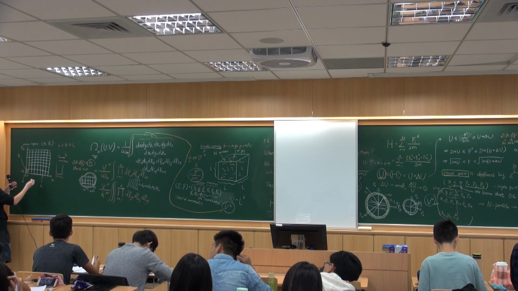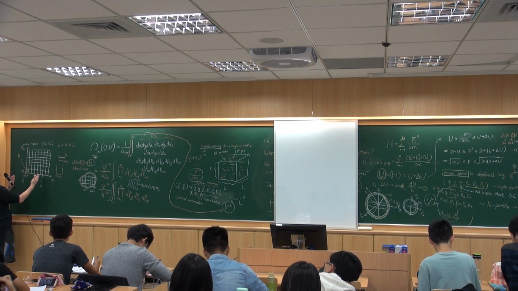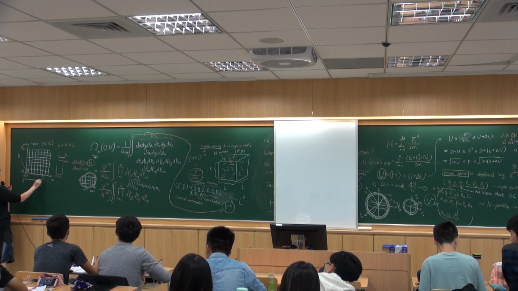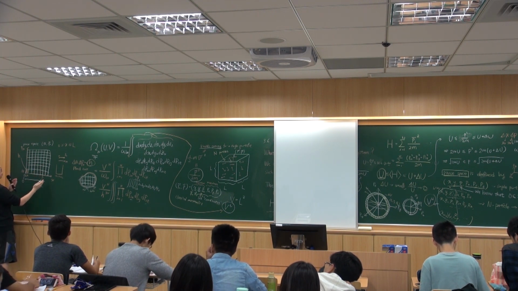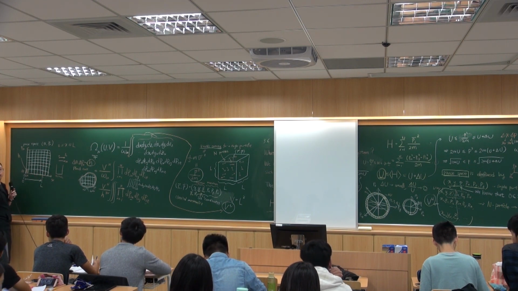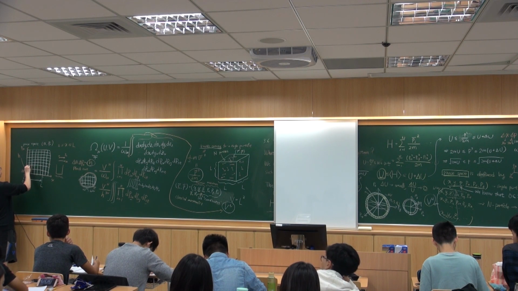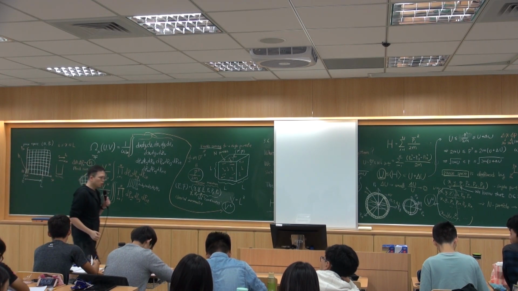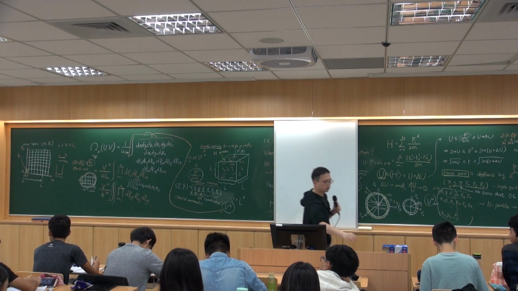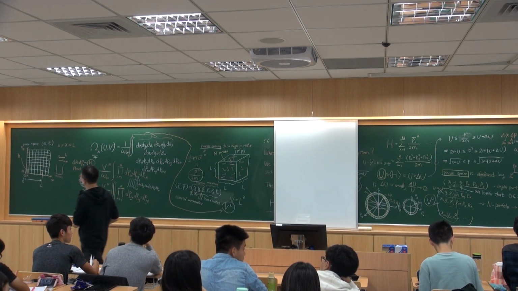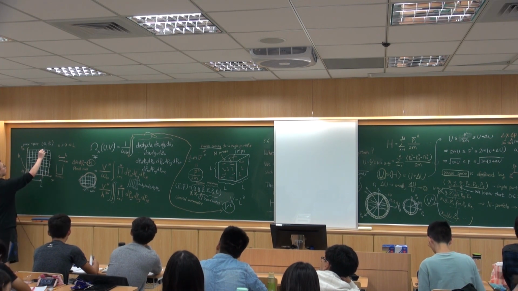So if this is 0 and this is L, then the maximum region that a particle microstate can be in is within this region. It is impossible for the particle state to lie over here, right? So the state can only be here, here, here, or here. It is impossible to go beyond this boundary. So first of all, the constraint for x gives us a boundary along the x-axis.